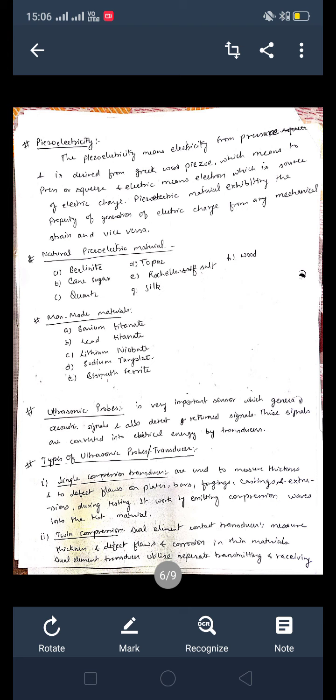And the next one is the ultrasonic probes. We had studied the types of ultrasonic probes and transducers.